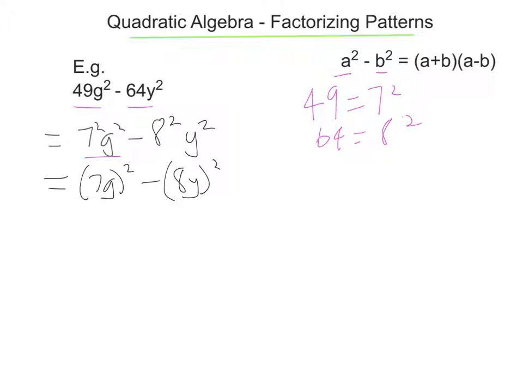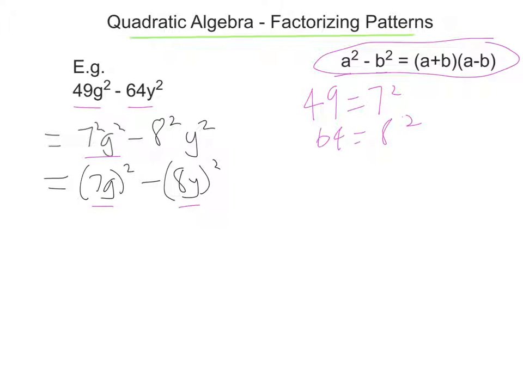And you'll notice that now I've actually got two things squared. I've got 7g that's squared and 8y that's squared. So when I look at my rule up here, that means that where the a and the b are, I need to replace them by 7g and 8y.